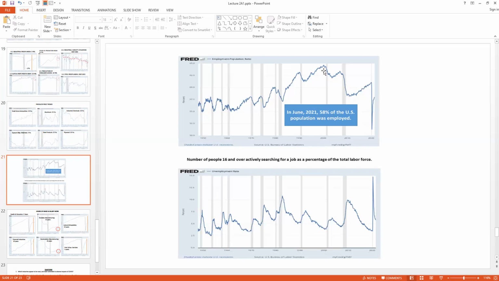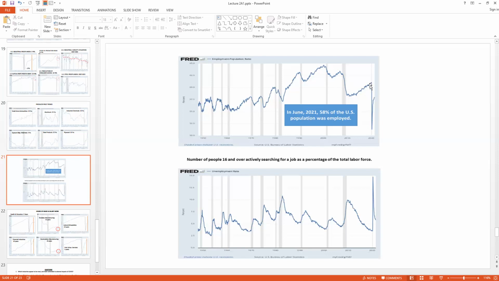And if you think back about some of those previous charts, what we're looking at here is the effect of companies moving out of the United States and capacity utilization falling. And so what's happening here is that fewer people are working because fewer companies are producing in the United States.